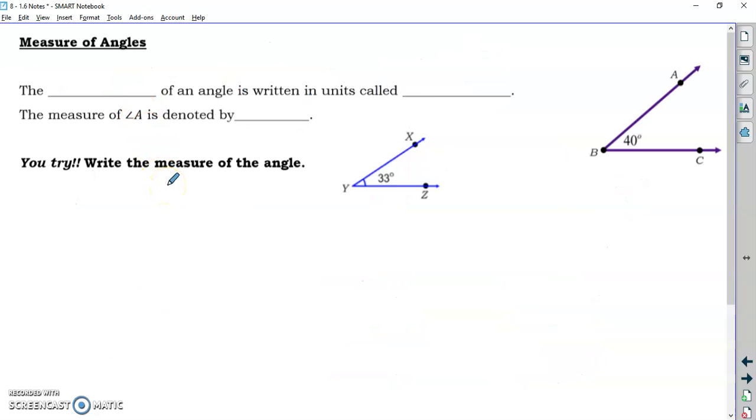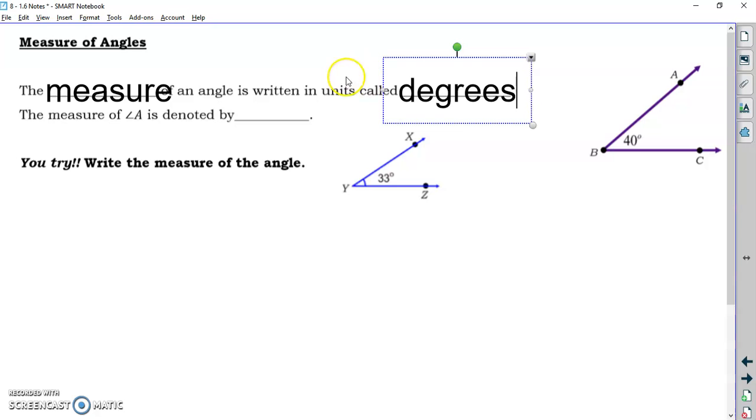So the measure of an angle is written in units called degrees. The measure of angle A is denoted by m angle A. Notice that the angle symbol is not a less than sign.